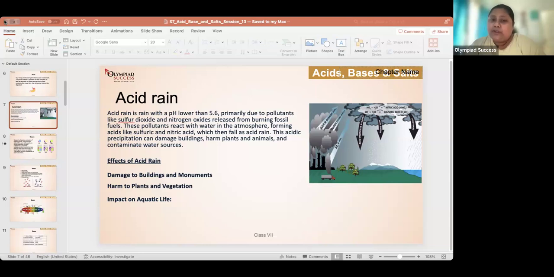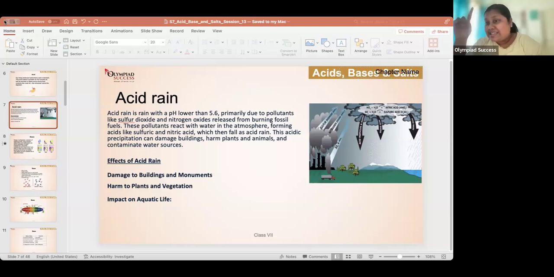Now moving on. You have heard of the Taj Mahal, right? You know that the color of the Taj Mahal has changed now. It was pearl white when I saw it, and now when I go and see, it has become yellowish. You know why?